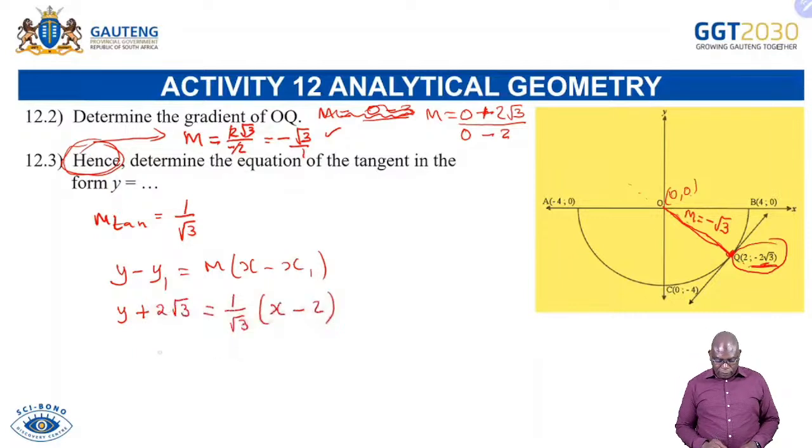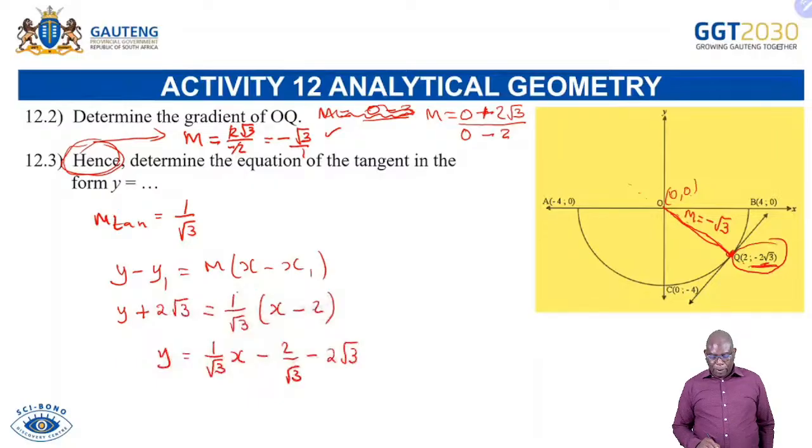So I'm going to have y equals 1 over root 3 x, and then minus 2 over root 3, minus 2 root 3. Because that one should be multiplied by that, I get 2 over root 3, and I transpose this one that side. From there, I can just work that one out. 2 times that is 6, so it will be negative 8.